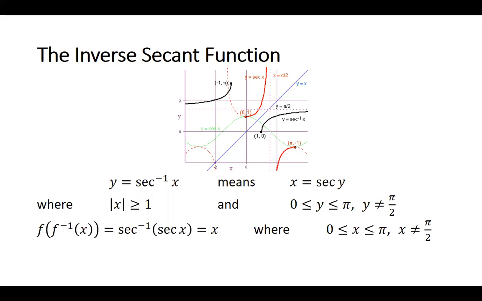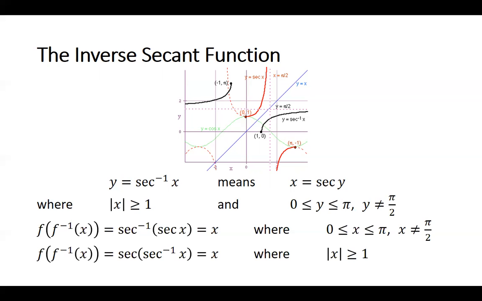If we take the inverse secant of the secant of x, it gives you x. So if we take the secant of an angle, that gives us a trigonometric ratio. And then if we take the inverse secant of that, we get the original angle back, where x is between 0 and pi, and x is not equal to pi over 2.